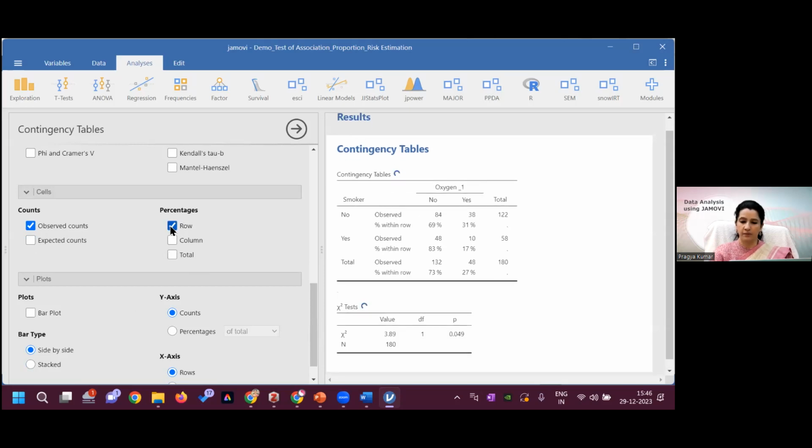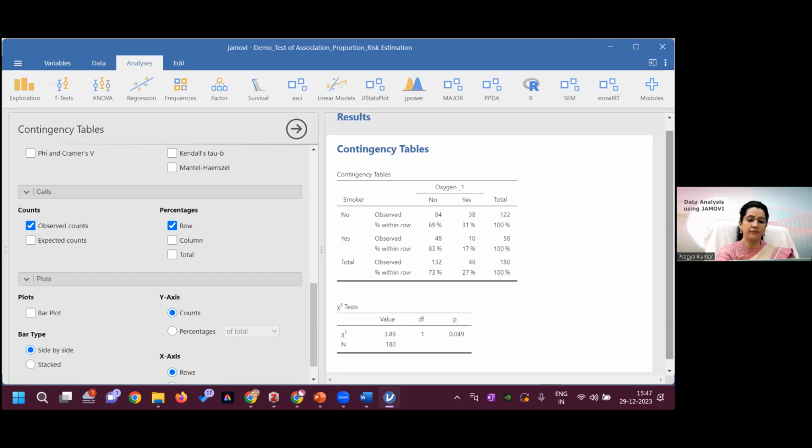If you click percentages, it is out of 100, it is 0.27. So if you multiply this 122 with 0.27, you will get this number, right? That was the expected count proportion.